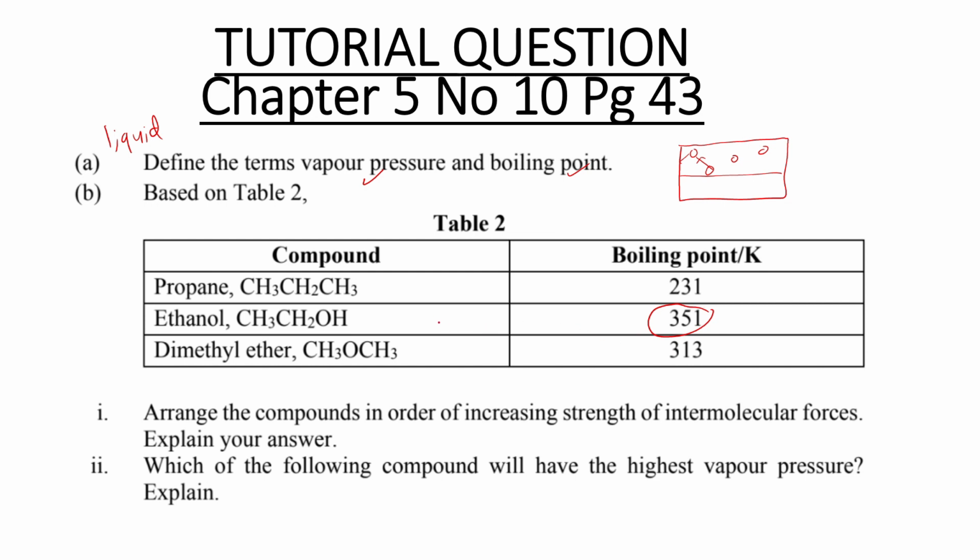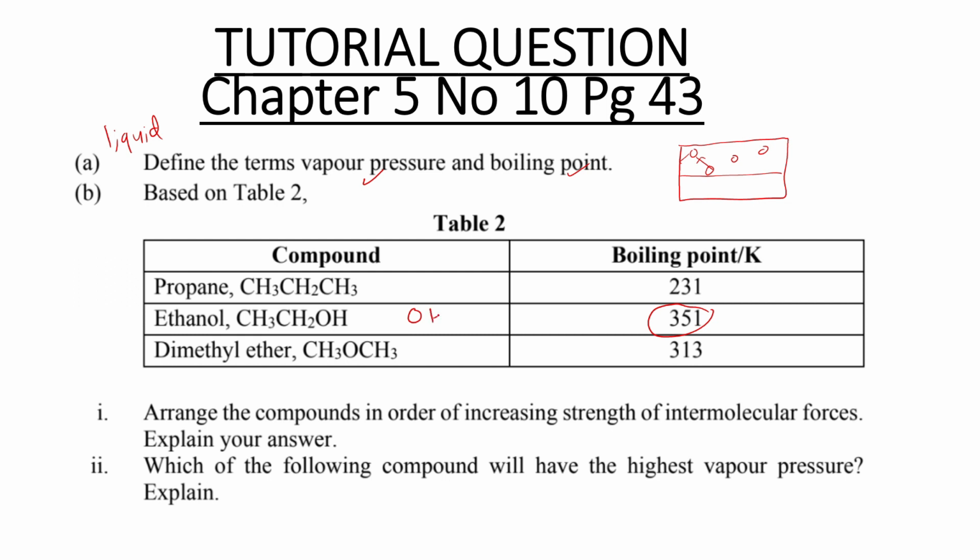Okay, so kalau kita tengok compound ni, so yang ini hanya ada carbon dengan hydrogen. So tak ada atom yang electronegative. Okay, ini just slightly different je electronegativity between carbon dengan hydrogen. So kalau alcohol, ethanol, so kita ada OH.